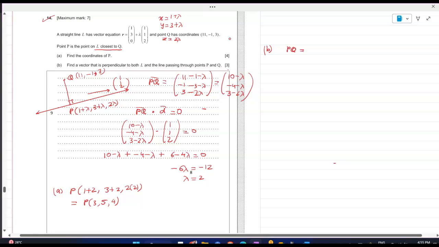We know now P is (3, 5, 4) and Q we know is (11, -1, 3). So vector PQ would be this minus this, and that's your direction vector as well. That's (8, -6, -1), your direction vector of PQ.